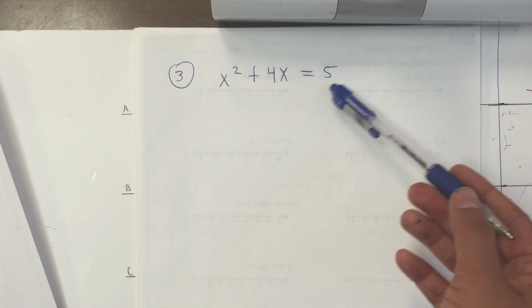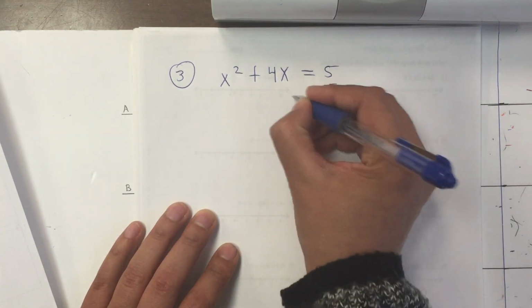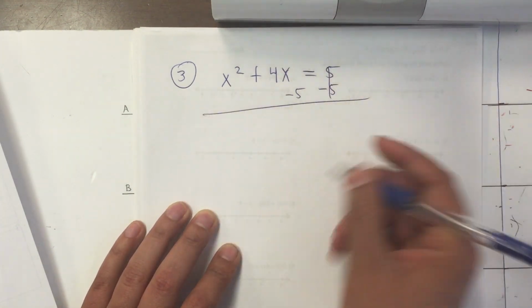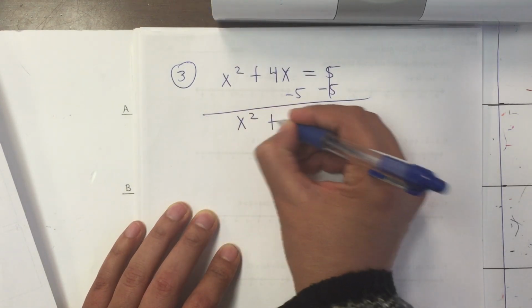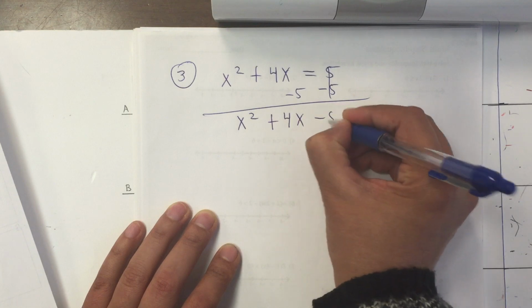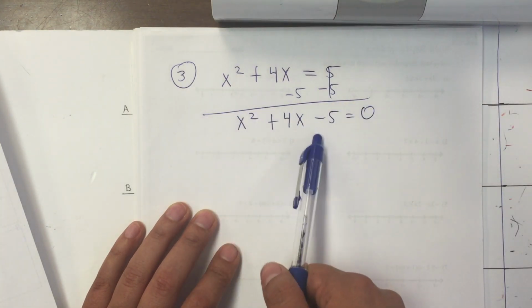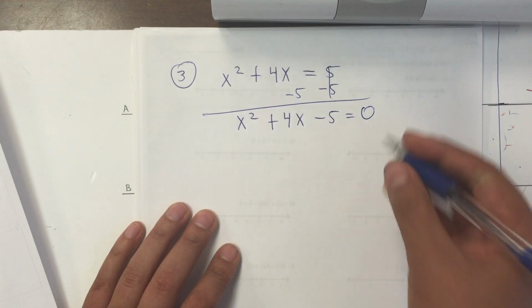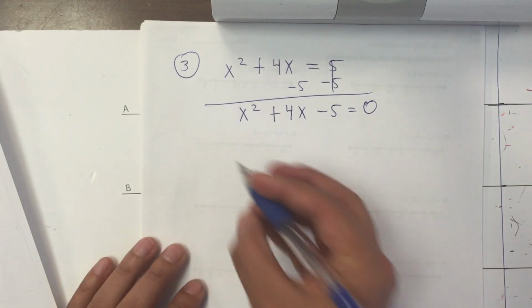So what are we going to do? We need to cancel these 5. And so we're going to subtract 5 from both sides so that this can be on the other side of the equation. And so now we have x squared plus 4x minus 5 is equal to 0. Now we have it in the form that we need to have it.